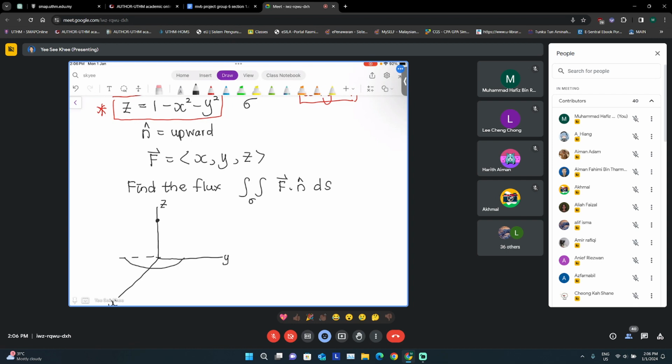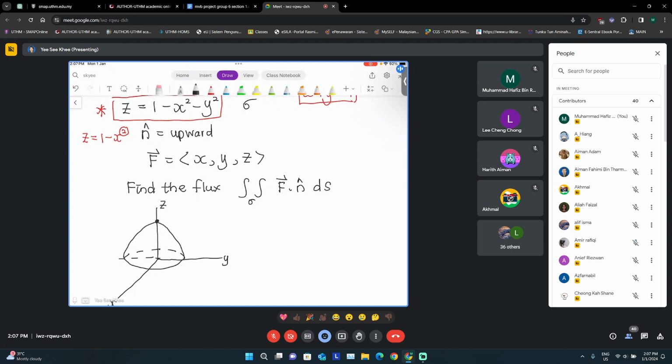Then for the shape, you can assume either x is 0 or y is 0. For example, if y is 0, you get z equals 1 minus x squared. You have a square, meaning this will be a curve instead of a straight line. So it is a paraboloid.